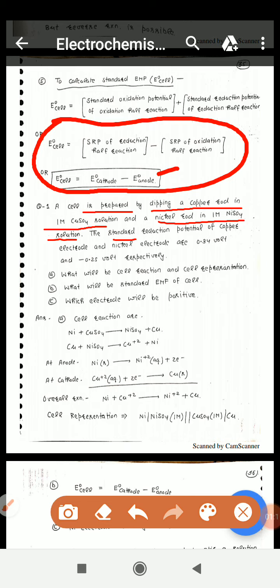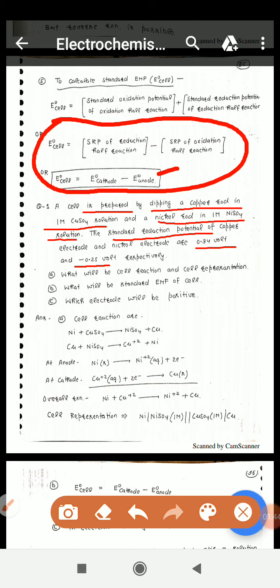The standard reduction potentials of the copper electrode and nickel electrode are 0.34 volt and minus 0.25 volt respectively. The question is, what will be the cell reaction and cell representation? What will be the standard EMF of the cell, and which electrode will be positive?